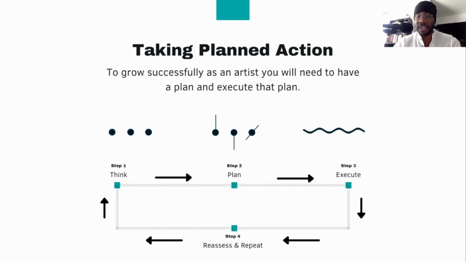Now, when you start executing, you're going to get a lot of feedback and a lot of data. And with this feedback and data, you're going to reassess and then repeat the process. This is how you continuously improve and grow as an artist. You think, you plan it out, you execute, and then you optimize and repeat the process.